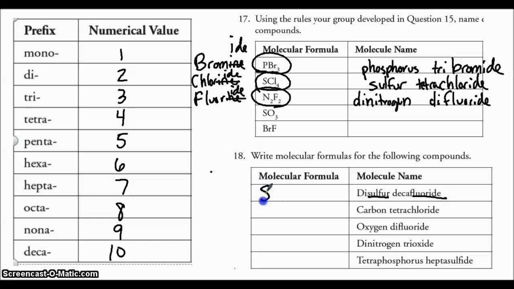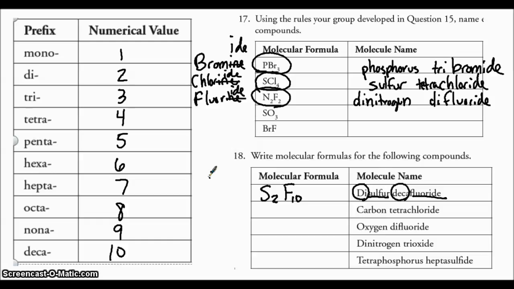So we have S and F. How many sulfurs do I have? Well, in front of it has a di. Di means 2, so I have 2 sulfurs. In front of the fluoride, I have deca. Deca means 10, so I have 10 of those. That's it. That's how you write the formula. No charges involved. All the information is right there for you.